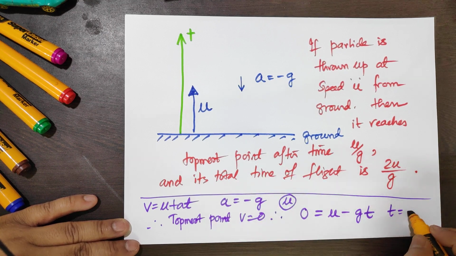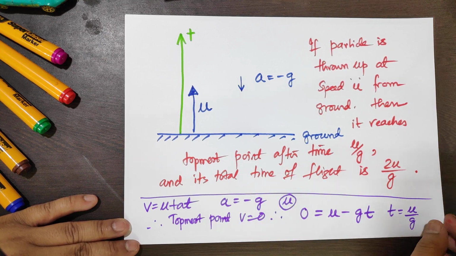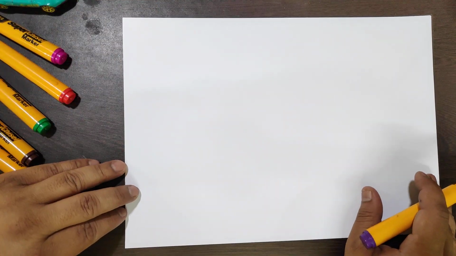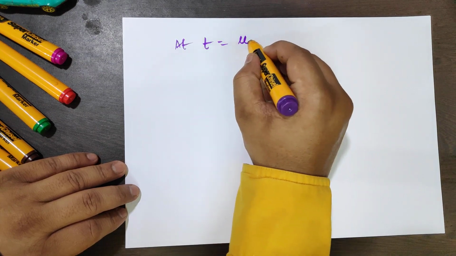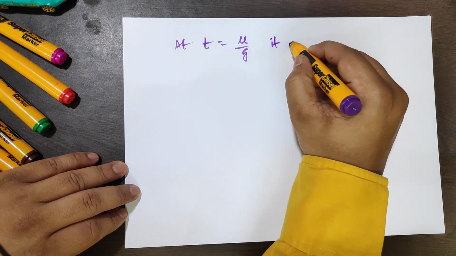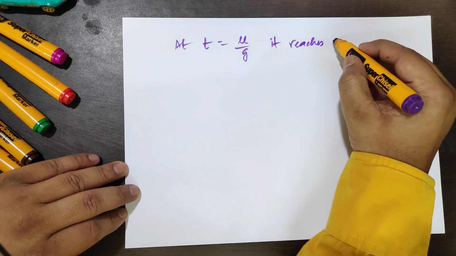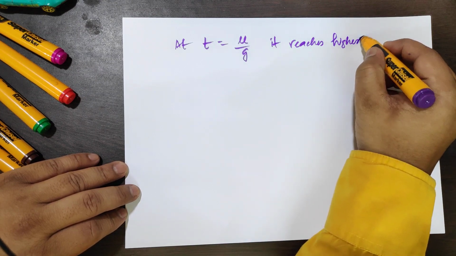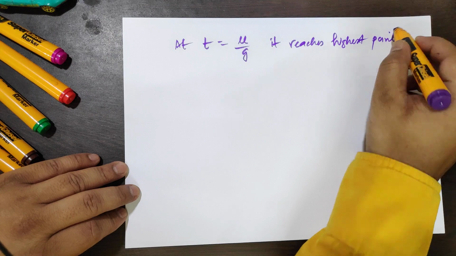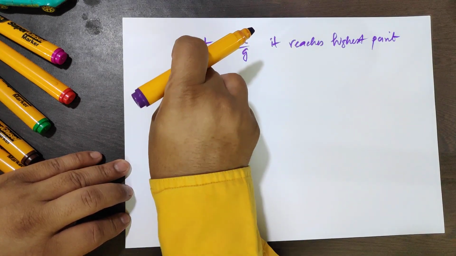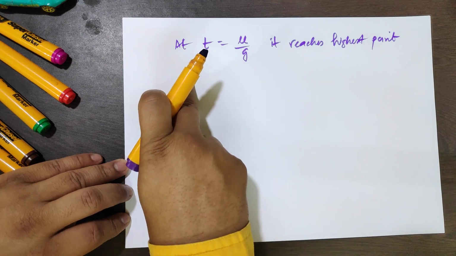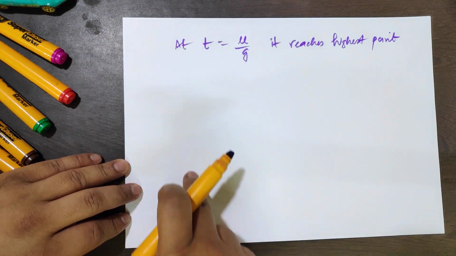Okay, so t equal to u by g, so at t equal to u by g, it reaches highest point. Okay, so if it's thrown, it will reach the highest point, and for a moment it will come to rest, and then it will come back again.